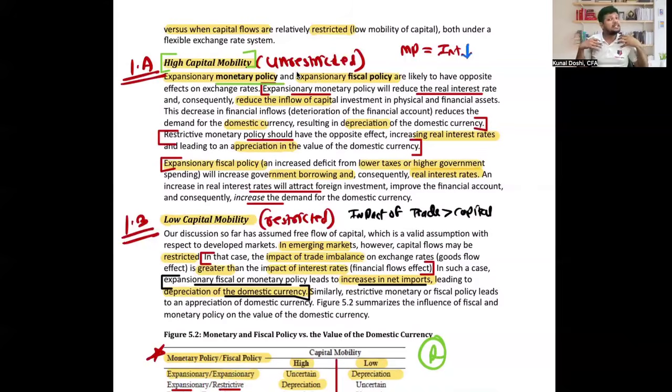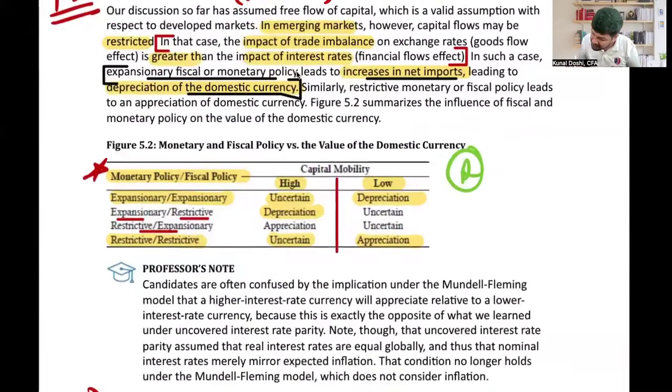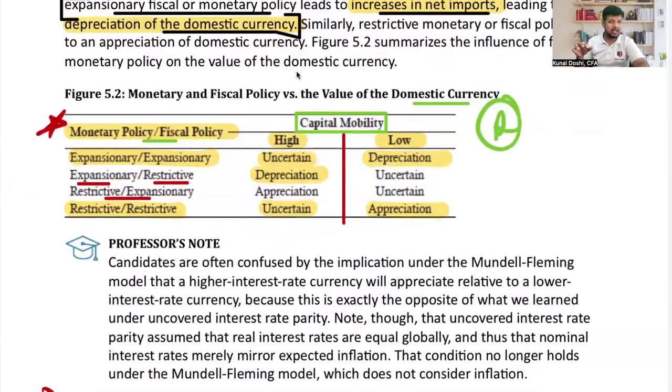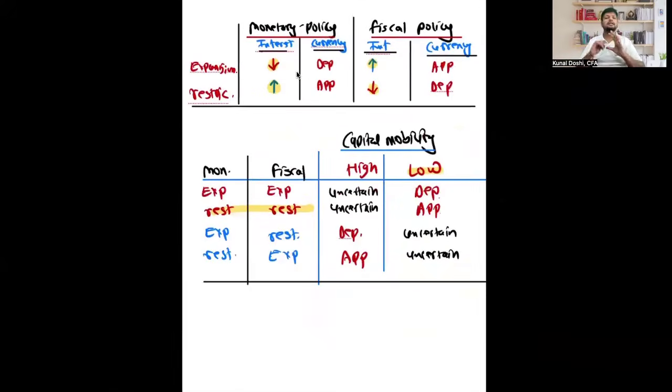Low capital mobility is the opposite, restricted. Understood? So monetary and fiscal policy, along with how mobile your capital is, together will give us some direction about the currency. In this, we had actually made a table.